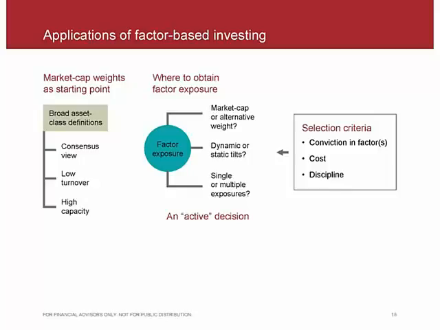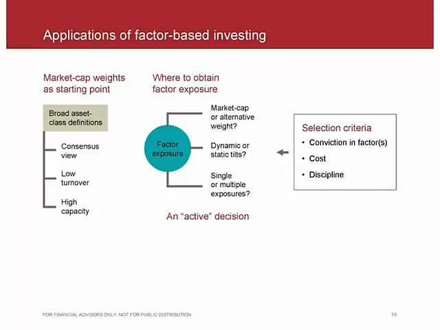Do I believe in multiples? What kind of combination do I believe in? Do I believe that it should be static or dynamic? And you have to have this selection criteria, just like we've said and published in our prior work on active management in other realms: you've got to have conviction in what you're employing. You want to get it at a reasonable cost, and you've got to be disciplined about it, depending on what your active risk budget is.